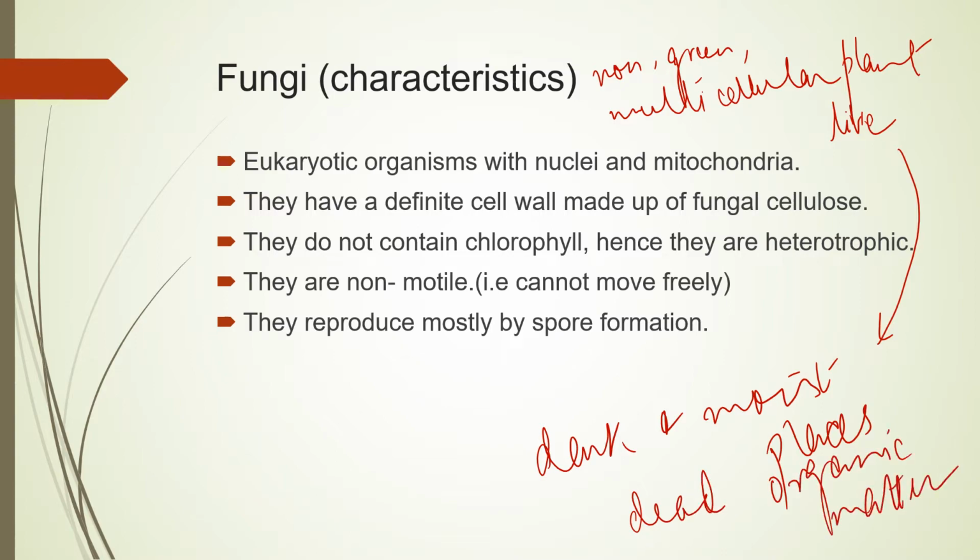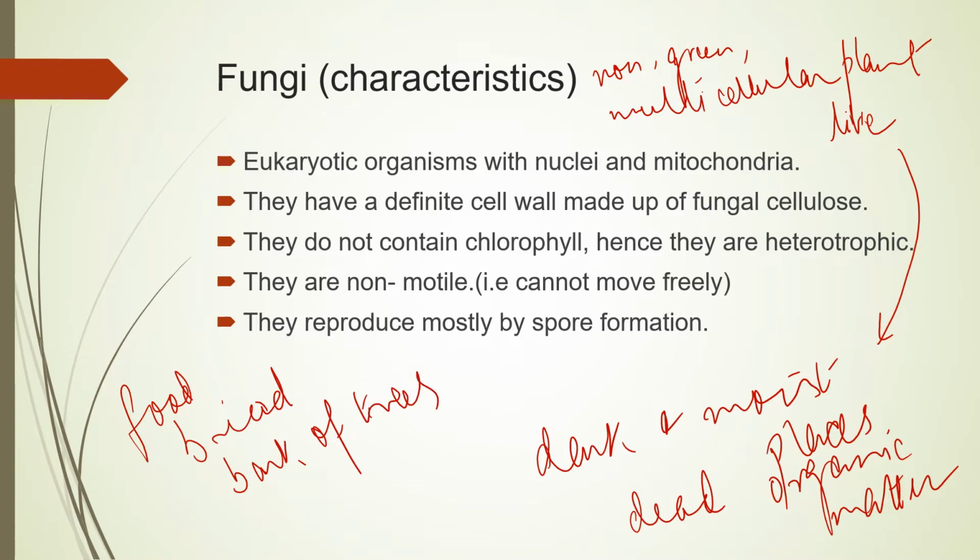Apart from this, on bread, on fruits, on leather, we can see some whitish thing that is coming up. That is also fungi, and that is also seen on the bark of trees. So we can see fungi mainly on food, on bread, on bark of trees. At times we see that molds are generally observed.